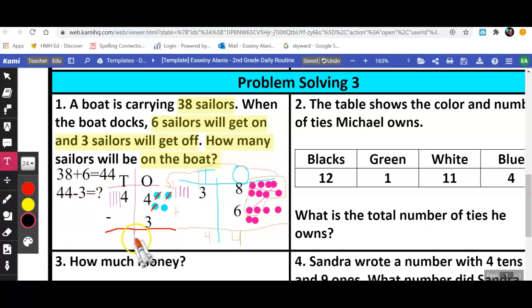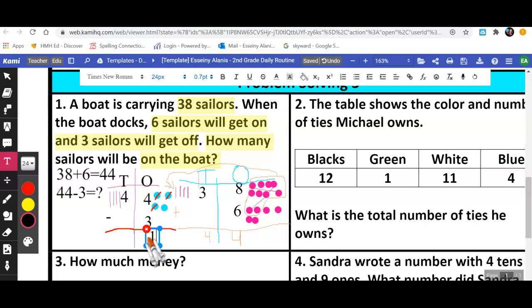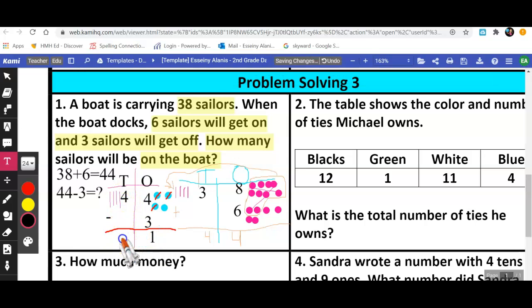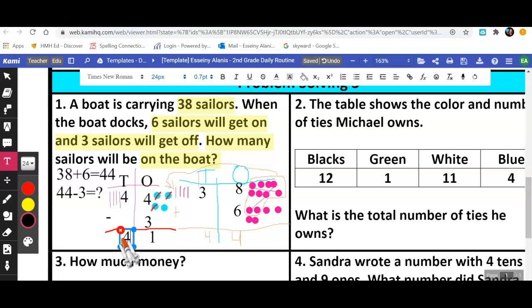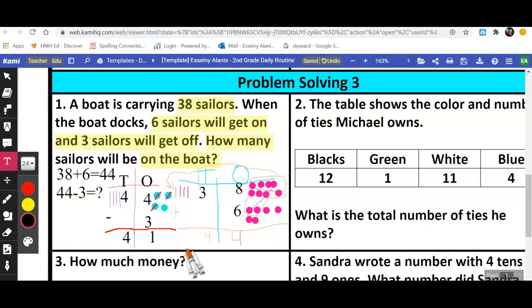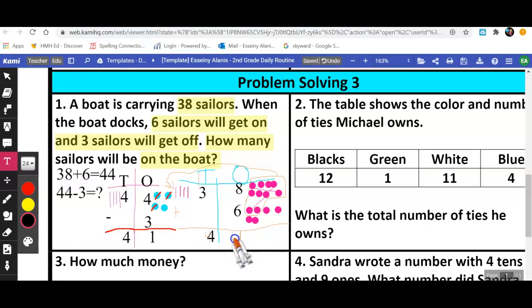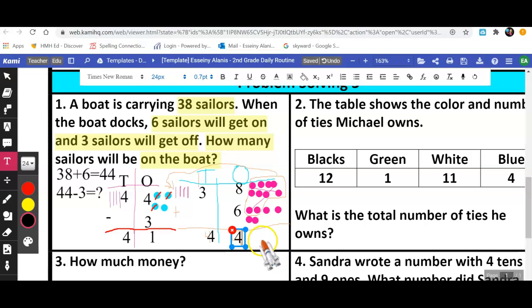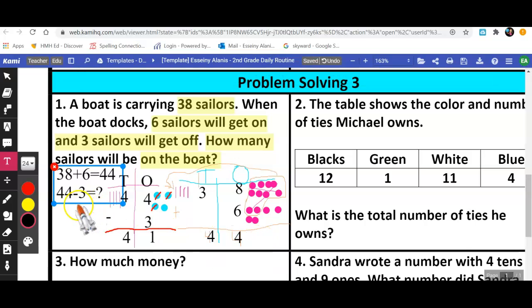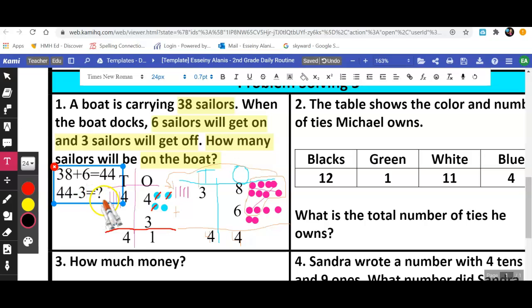Four minus 3 is equal to 1. And on this side, 4 minus nothing is equal to 4. 41. And let me make this 4 darker so we can see it better. So that means 44 minus 3 is equal to 41. And then here I'm going to fit in a little sentence.